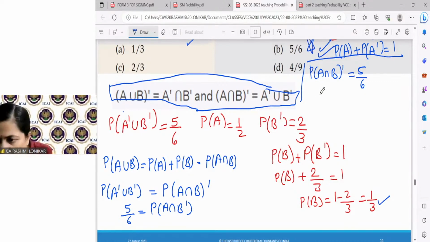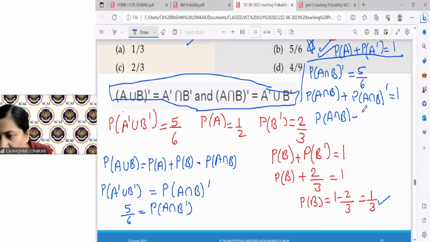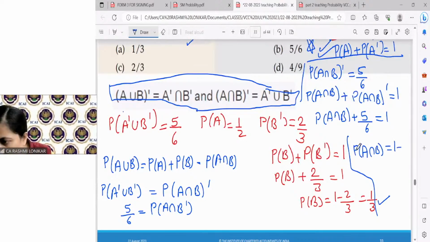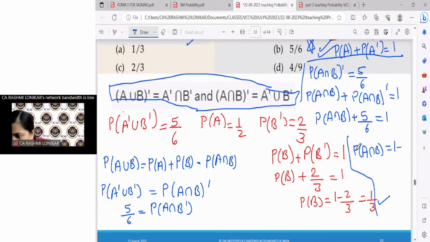P of A intersection B plus P of A intersection B dash is equal to 1. Now P of A intersection B I don't know, plus 5 by 6 is equal to 1. So P of A intersection B will be equal to 1 minus 5 by 6, which is equal to 1 by 6.